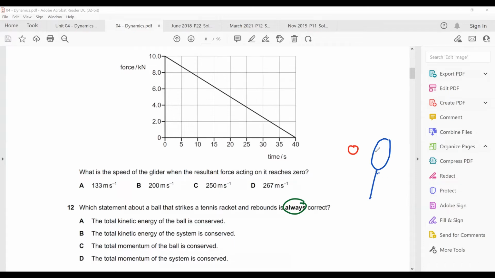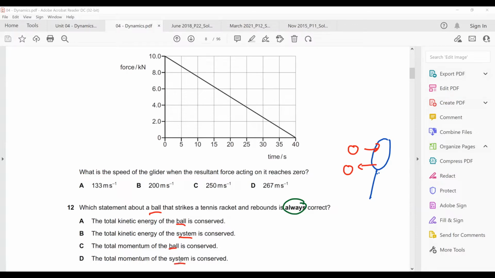It hits your racket, and then it rebounds. Which statement about the ball will always be correct? Notice that they are using some very specific terms. They're either referring to the ball or the system.